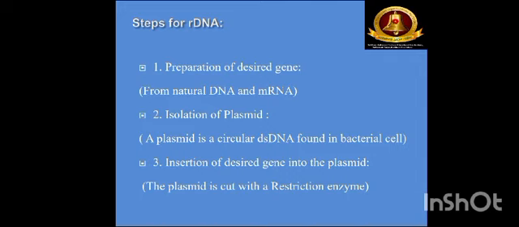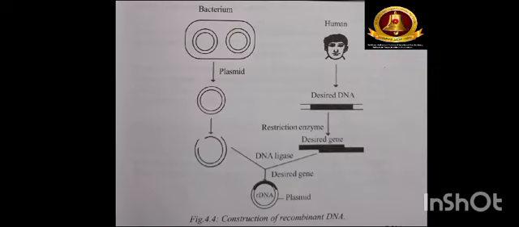The desired DNA is cut by a restriction enzyme, otherwise called a molecular scissor, molecular knife or chemical cutter. The fragmented DNA of the desired gene is inserted into the plasmid.